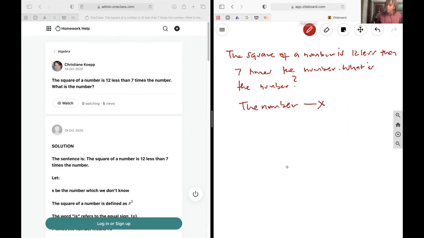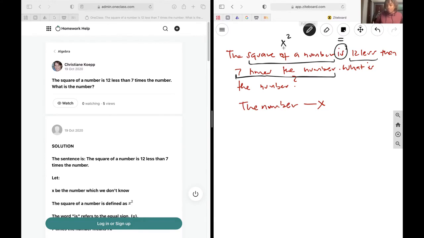x. Okay, and then I just need to note some other important language used here. The square of my number is equal to 12 less than 7 times the number. So this tells me that it's equal to.